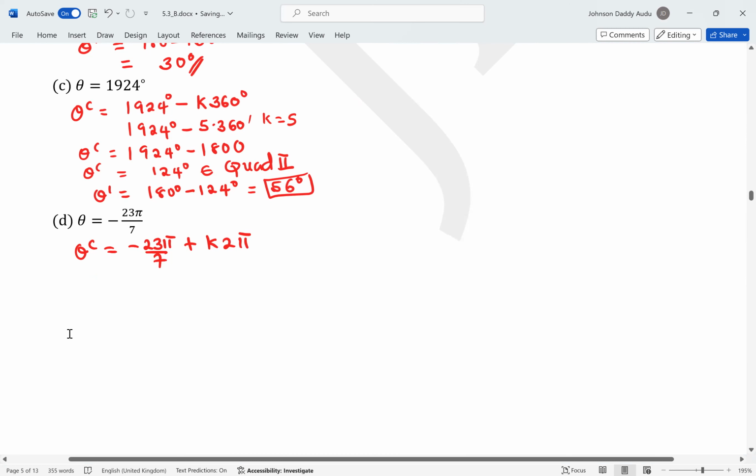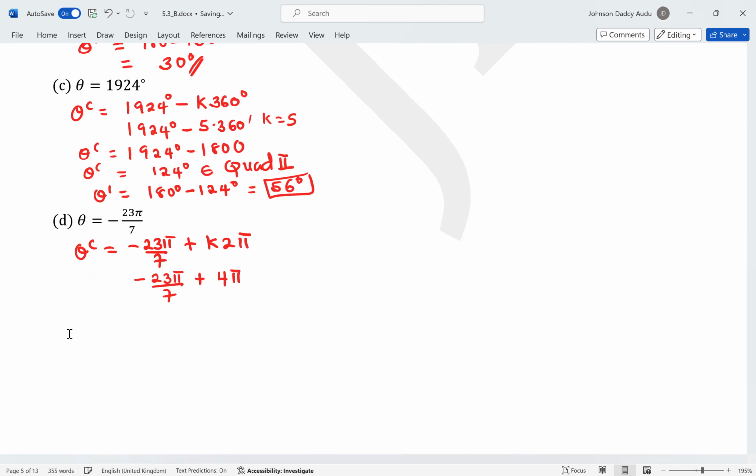I think we can choose k to be 2. If we choose k to be 2, you have this one plus 4 pi. We're adding until we get a positive angle less than 2 pi.